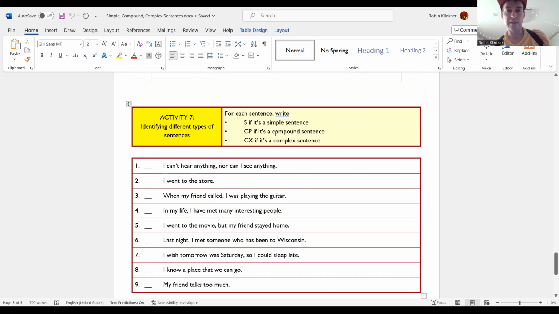A compound sentence is 2 independent clauses combined using fanboys. A complex sentence is an independent clause combined with a dependent clause using a subordinating conjunction. So do activity 7 also.